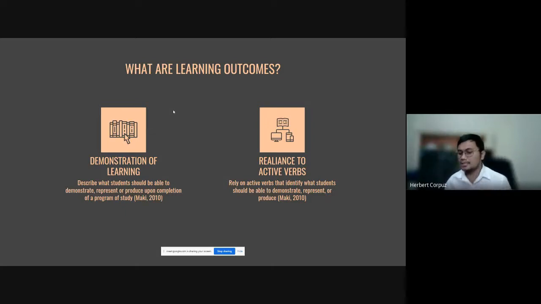That's why in our early discussion as regards outcomes-based education, when we write our learning outcomes, these have to make use of specific verbs that would show our students that these activities have to really be achieved by them, that these activities are possible to be achieved or possible to be demonstrated. So we make use of active verbs.